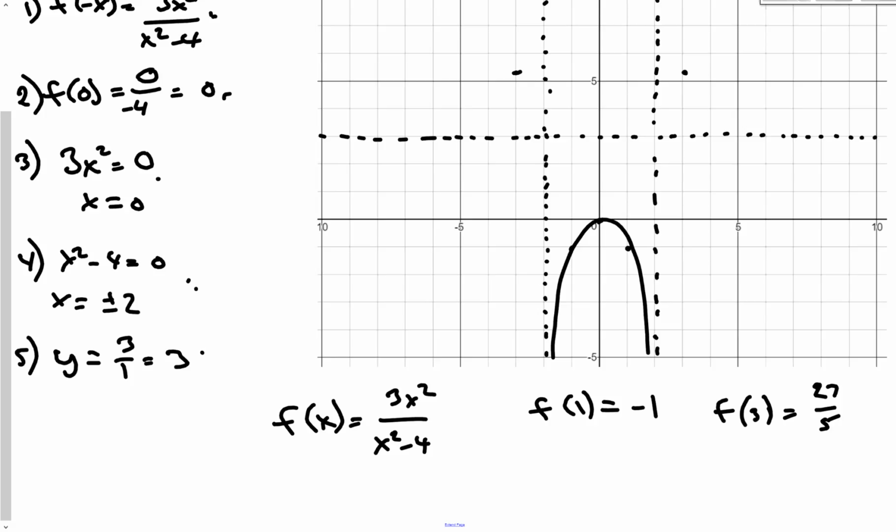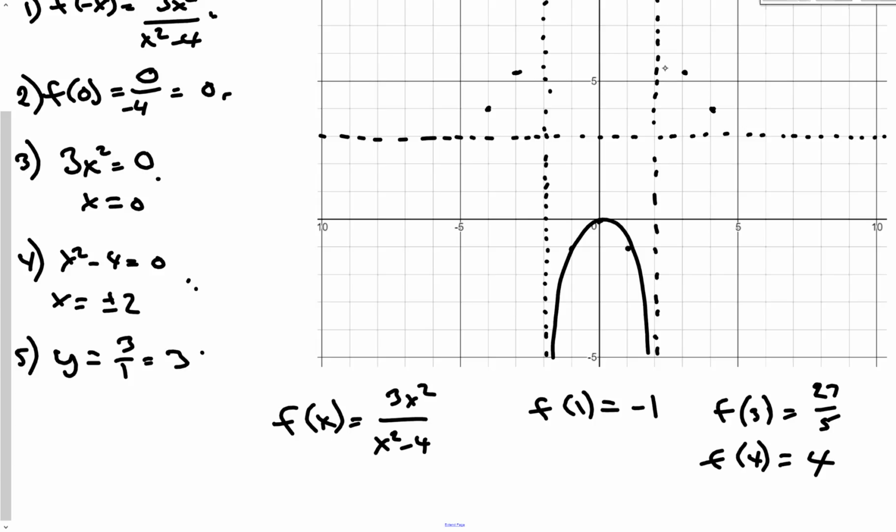Well, that's not enough information, so I'm going to need probably one more point, f of 4. Plug that in. That's 16 times 3 divided by 16 minus 4, which is going to be 4. So at 4, this function is equal to 4. Now if I use what I know, that as this function goes to the right, it's going to get closer and closer to 3.